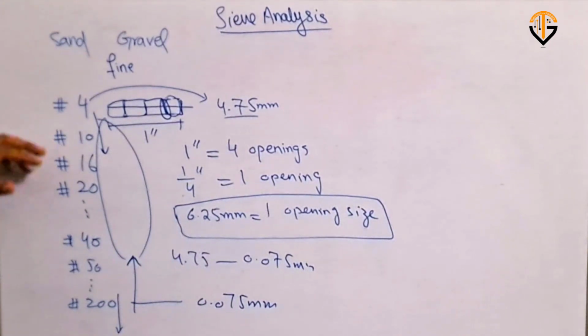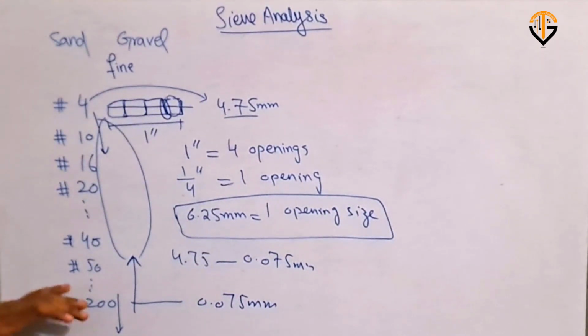Using this, we compile the sieves in this order, place the soil and shake it, and determine what percentage of soil is retained on each sieve. If 10% of the soil is retained on sieve number 4, then the soil contains 10% gravel content.